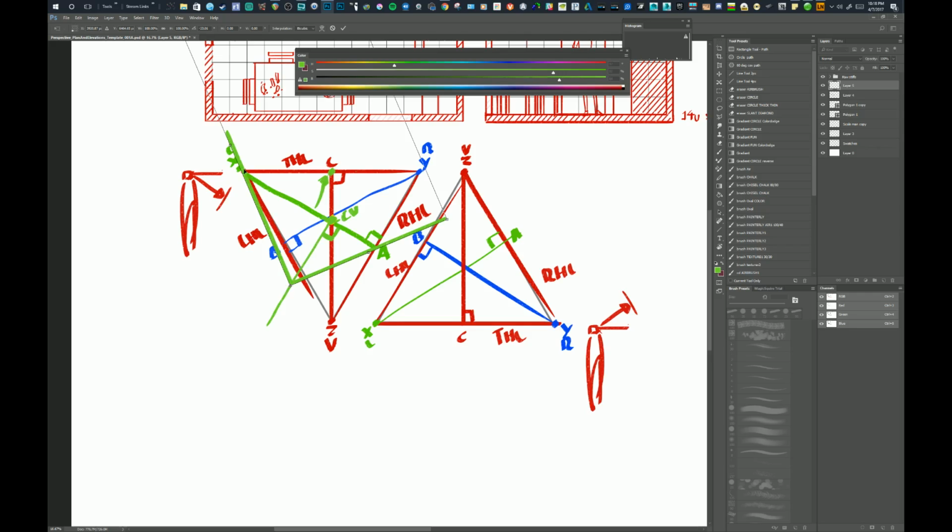And then I'm triangulating X and A while all three of these points meet, and that will be where my station point is.